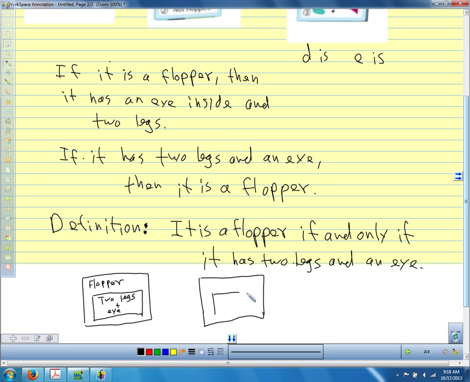So inside this one would be a flopper. And then this would be two legs plus an eye. So that would be our Venn diagram for our biconditional. If it is a flopper, then it has two legs and an eye. If it has two legs and an eye, then it is a flopper. So we all good on that? On our flopper example here?